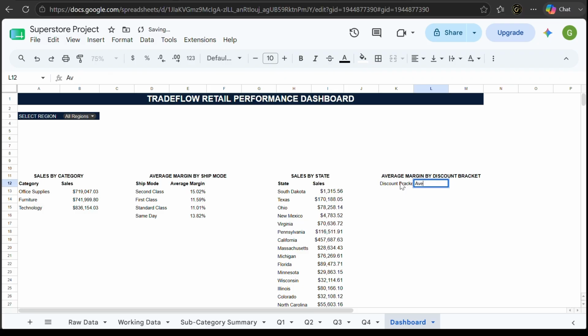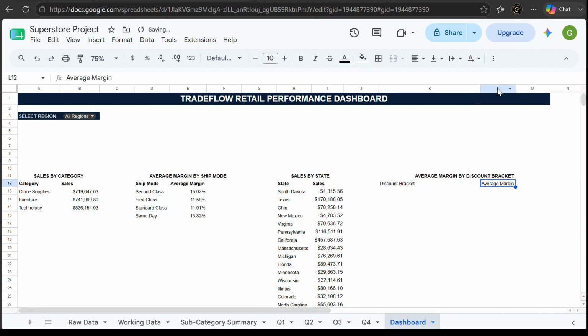The next will be average margin. So I think I'm just going to do this here. So that will be all. Anyway, I think that will adjust itself eventually.